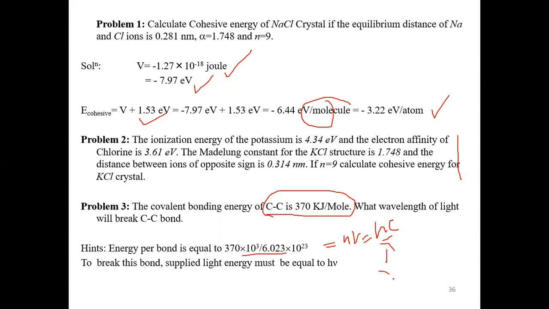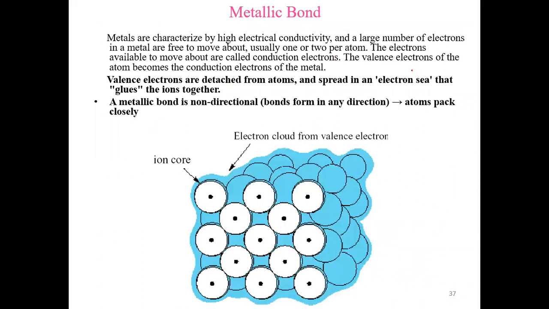So you can calculate lambda, and you will see the lambda will be in the ultraviolet region. That means materials which have carbon-carbon bonds should not be exposed to ultraviolet light. If you expose them to ultraviolet light, then some of the bonds will break and the material will deteriorate.